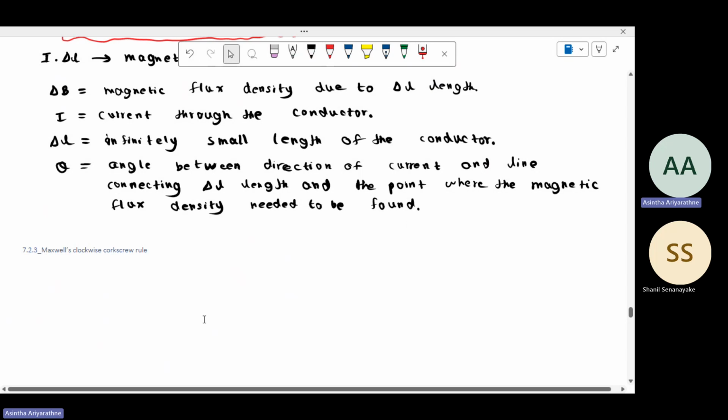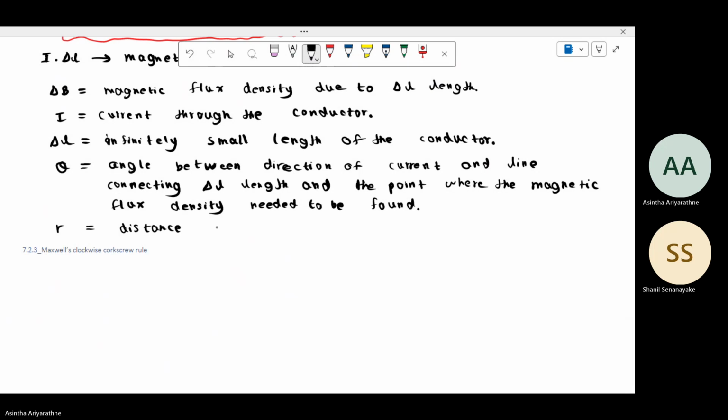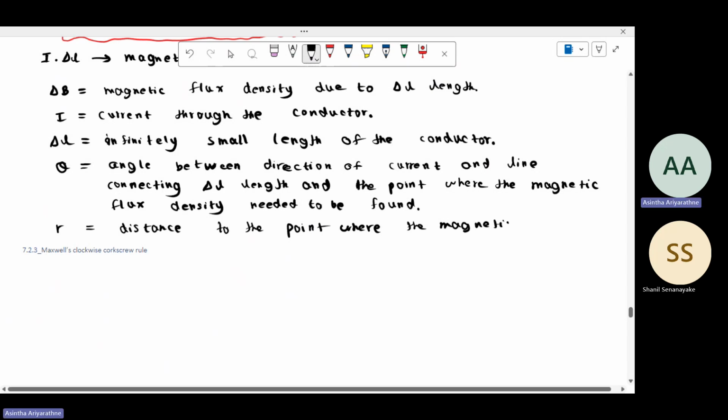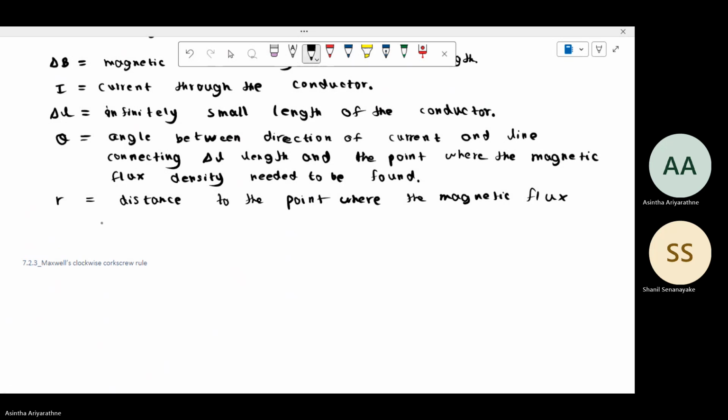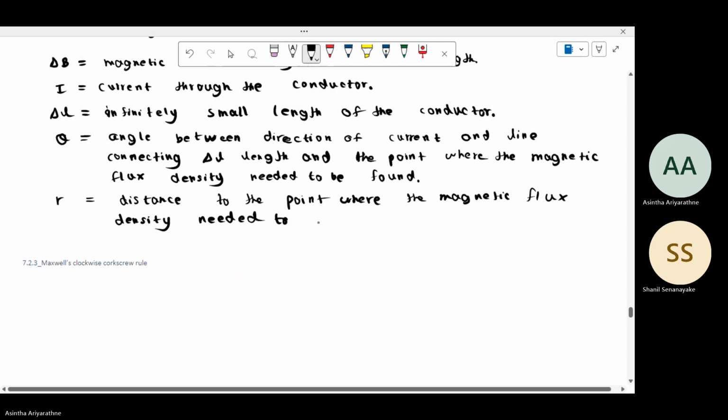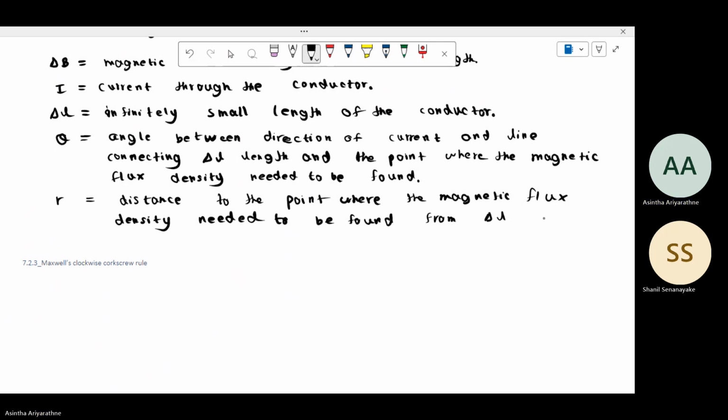And R is the distance to the point where the magnetic flux density is needed, from the delta L element.